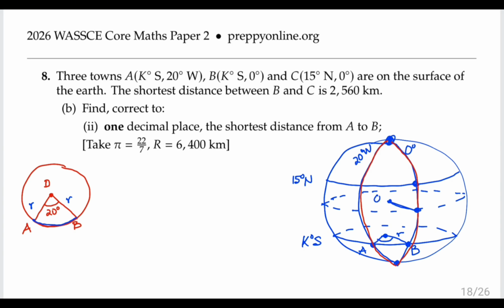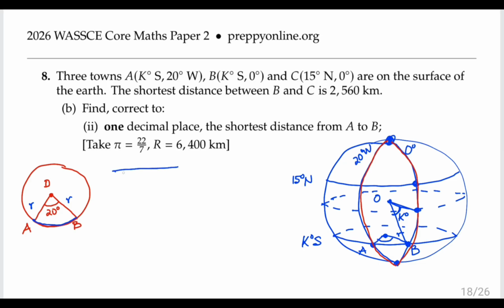If we connect this center O to the point B, then we already said that this angle is K degrees because the latitude is K degrees south. This angle is K degrees. We already found K to be 8, but for now I just put K here. And when we do that, now we can draw a picture like this.